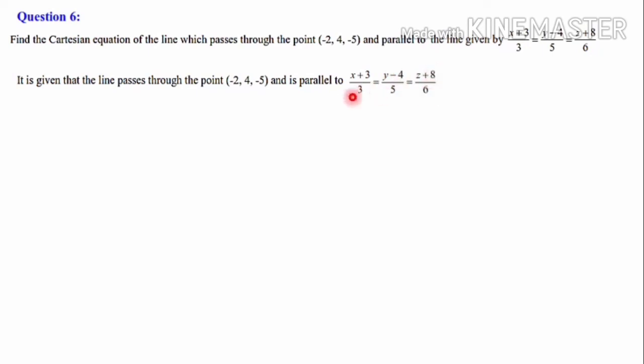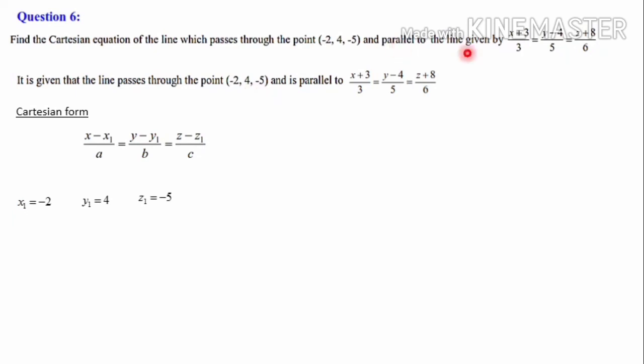The denominators represent a, b and c, so a, b and c are the direction ratios. Cartesian form we have to write. Cartesian form is x minus x1 by a equal to y minus y1 by b equal to z minus z1 by c. So x1, y1, z1 we will get from here, that is x1 is -2, y1 is 4 and z1 is -5.